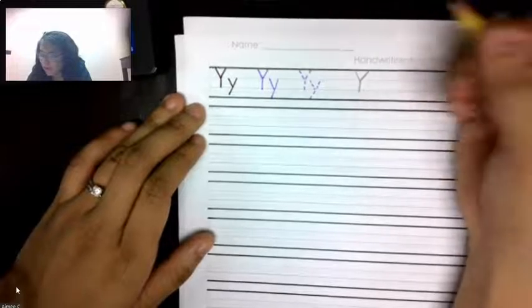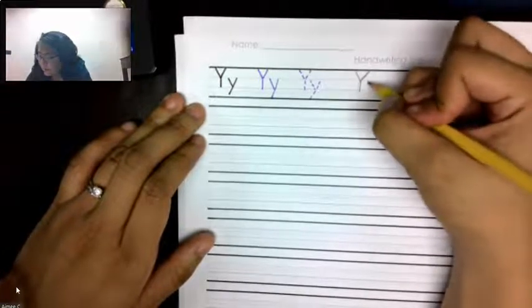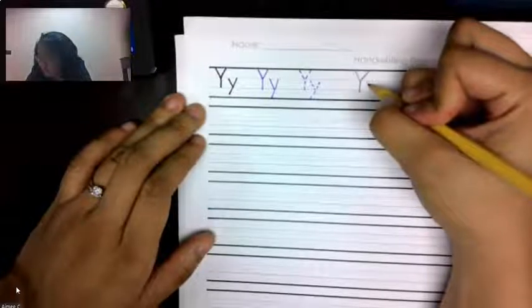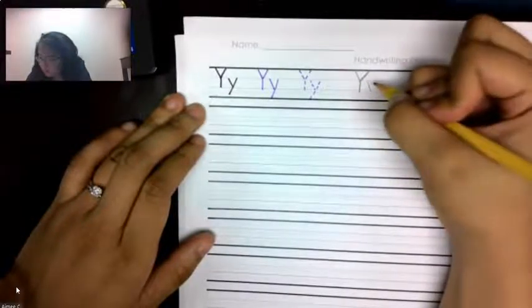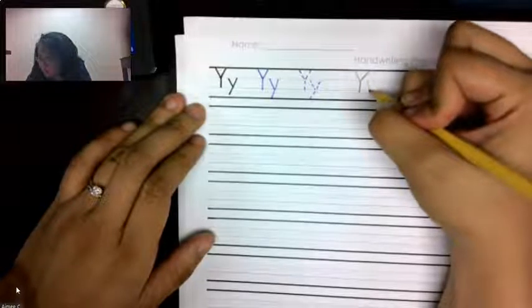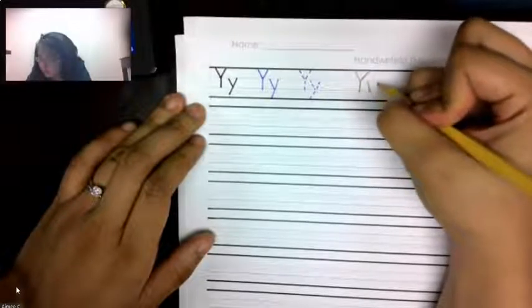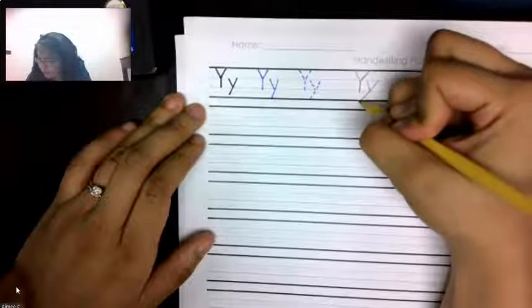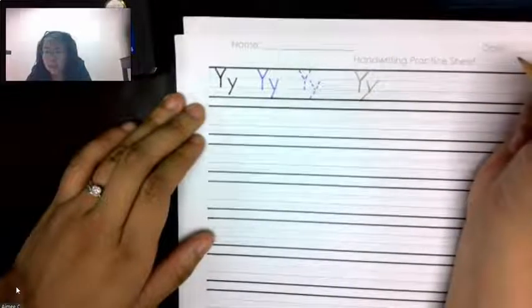This is capital Y. Now lowercase y, you take a slant from the middle, down. And then you start a little bit to the side from the middle and you go all the way down to the bottom line. This is lowercase y.